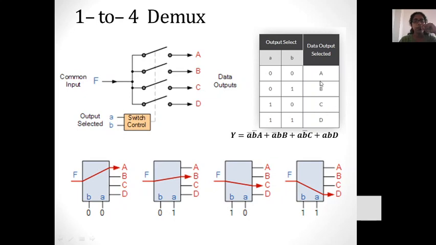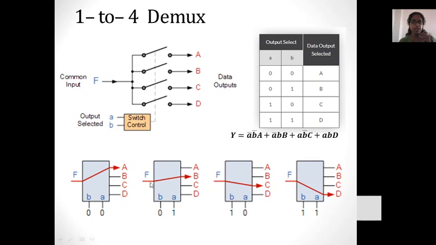And this table is very clearly elaborated in the last diagram that I am pointing to now. My dear students, have a look at the diagrams. The first one, A 0, B 0. What is happening? F is switching to A. Next, A 1 and B 0. What is happening?